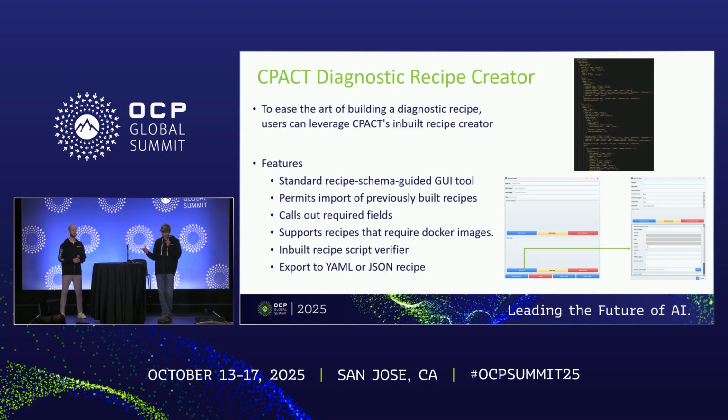It also has an inbuilt script verifier, which is in addition to what we have as a schema checker. And finally, once you're done with everything, you can export it as a YAML recipe or a JSON recipe. And yes, CPACT does allow you to run both YAML and JSON recipes. If you're interested, we'd like you to stick to the YAML one. So go online. You can actually, this is already ready.